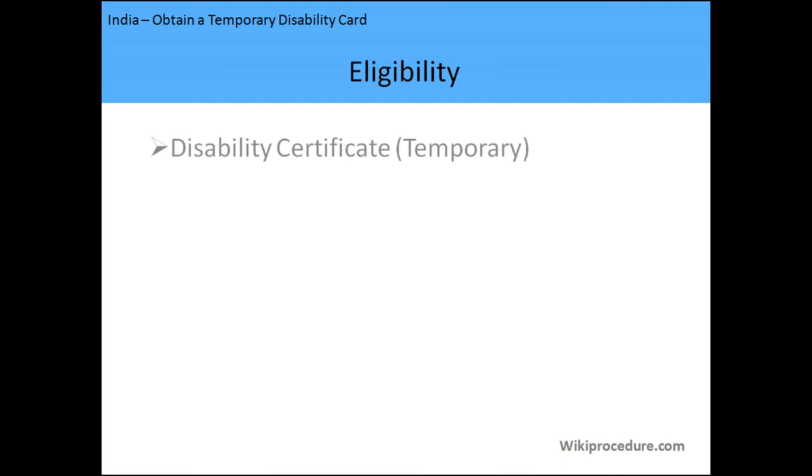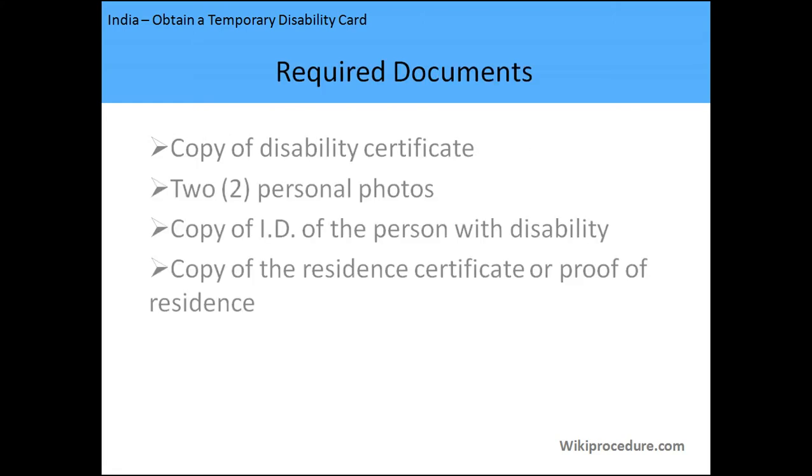For applying for this card, you should have a temporary disability certificate, which is mandatory. The documents required are a copy of your disability certificate, two personal pictures of yours, passport size pictures would be good, and a copy of identity of the person with disability, which could be your Aadhaar card, ration card, or passport.